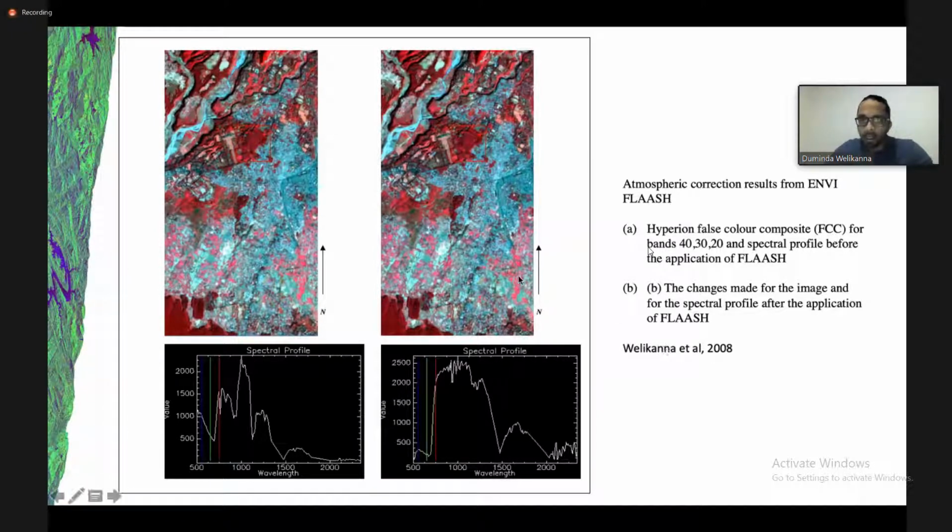This is a false color composite. I will talk about what a false color composite is. I'm using band 40, band 30, and band 20 on RGB. That's why it is showing RGB colors. But remember, this image has 196 bands. Why? Out of 220, I had to remove several bands because in the Hyperion sensor there is an effect called the smiling effect, because it works in very small areas of the electromagnetic spectrum.